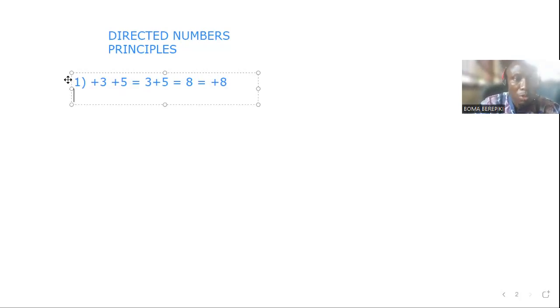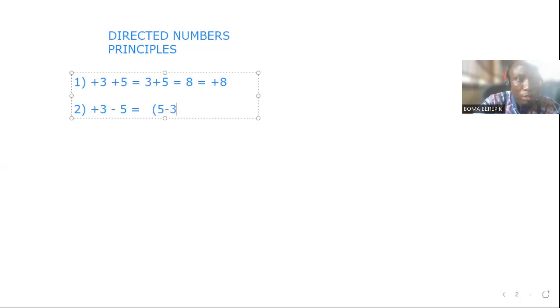We move to the second principle. If you have a plus sign in front of the first number, and a negative sign in front of the second number, you do normal subtraction.